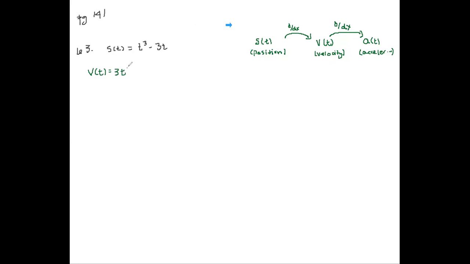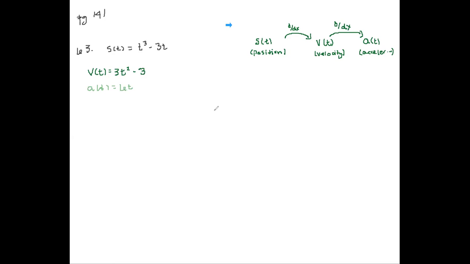using the power rule, 3t squared minus 3. Computer is yelling at me. And then we have acceleration, which is 6t. So here we have two functions, right? Part B, we need to find the acceleration after 2 seconds.